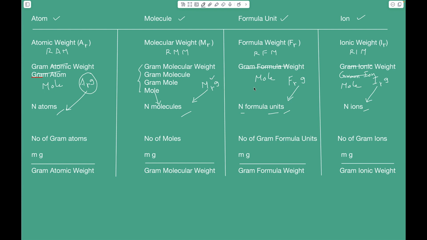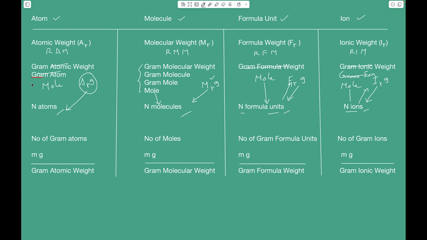What is 1 mole of an ionic compound? It contains an Avogadro's number of formula units and its mass is equal to its formula weight in grams. Then what is 1 mole of ions? It contains an Avogadro's number of ions and its mass is equal to its ionic weight in grams.